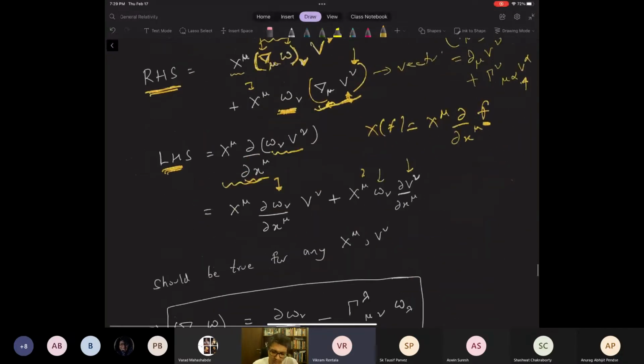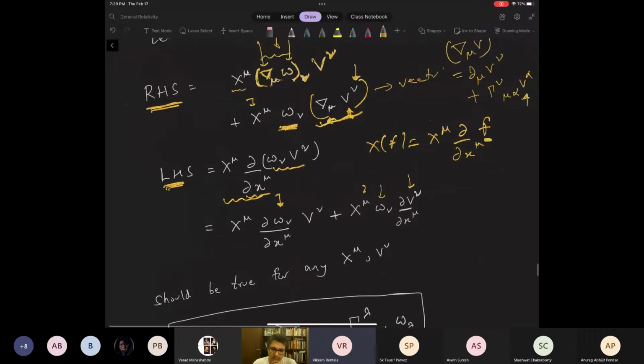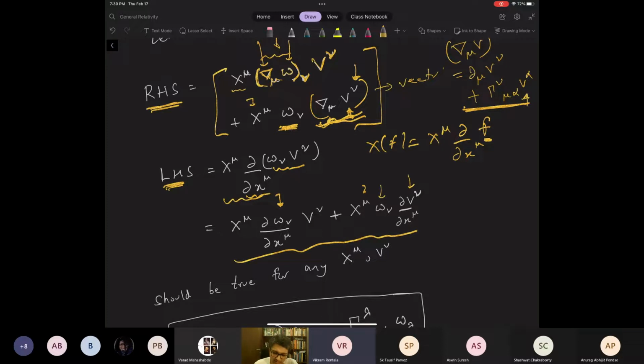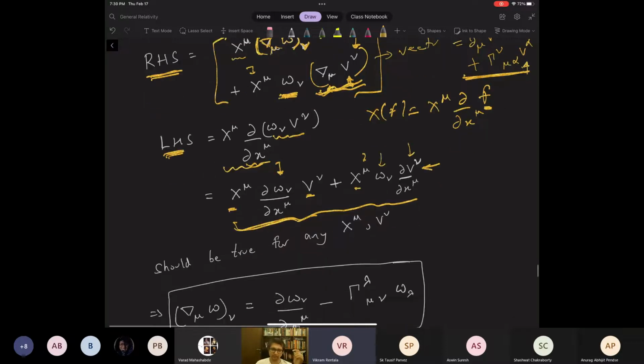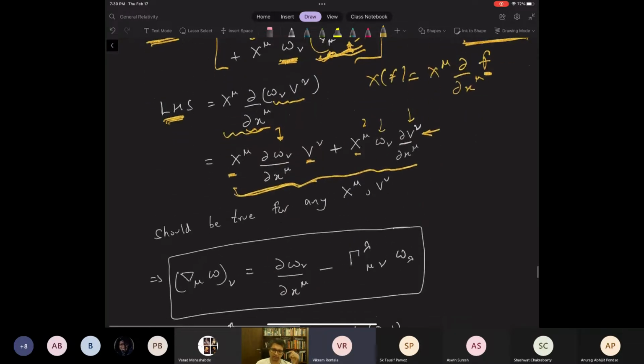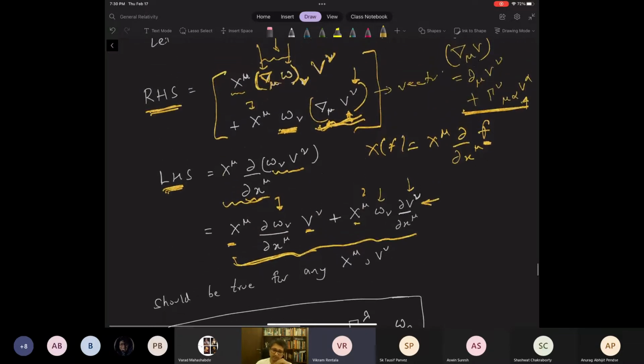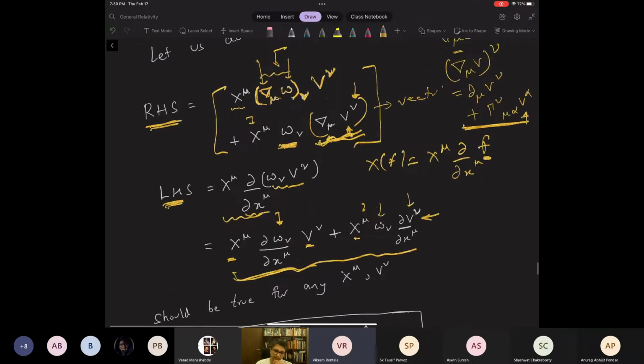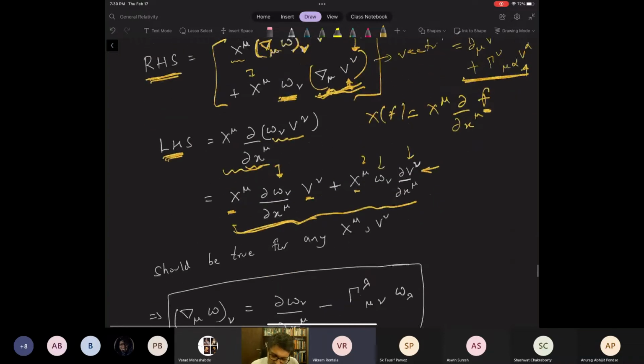You see that this is linear in the components of x and v, because this derivative is linear in the components of v, and this other expression on the left hand side is also linear in the components of x and v. So what that means is this should be true for any value of x and any value of v. So I can equate them.